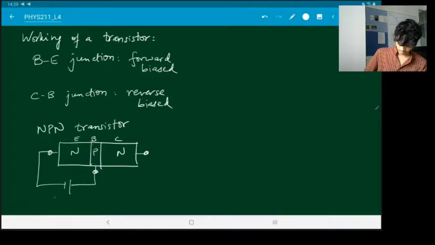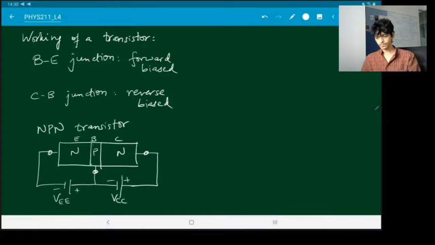Let's call this VEE. Whereas the base collector junction must always be reverse biased. So typically, this is the kind of biasing that we do.